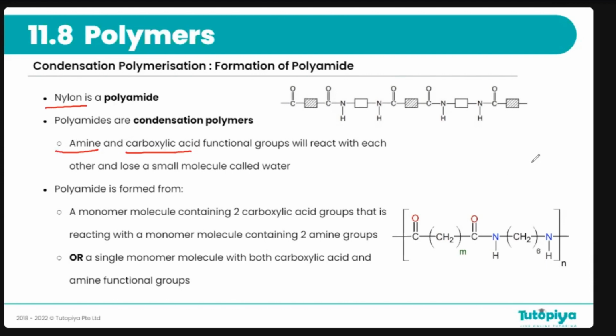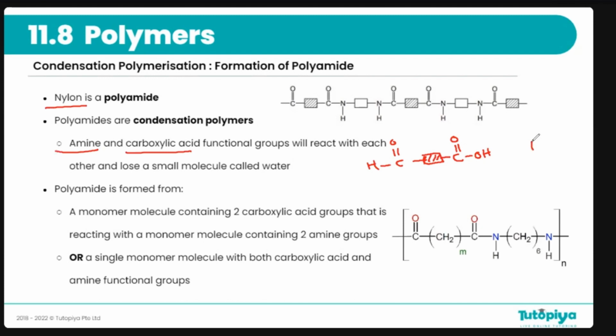We need a diamine and dicarboxylic acid. For example, the carboxylic acid should look like this. Now this box, like I said before, represents the number of carbons and hydrogens in between, of any length. So we need a dicarboxylic acid as such and a diamine.